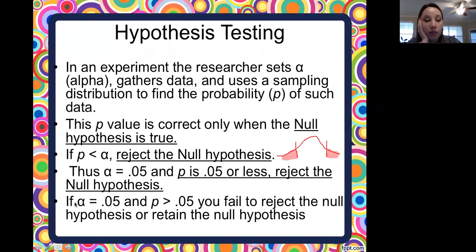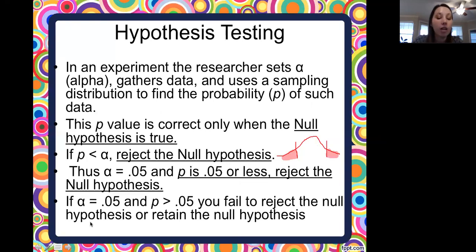However, if our p is greater than alpha, then that's falling here, and that means we're going to retain the null hypothesis. Thus, with an alpha level of 0.05 and a p of 0.05 or less, we're going to reject the null hypothesis.